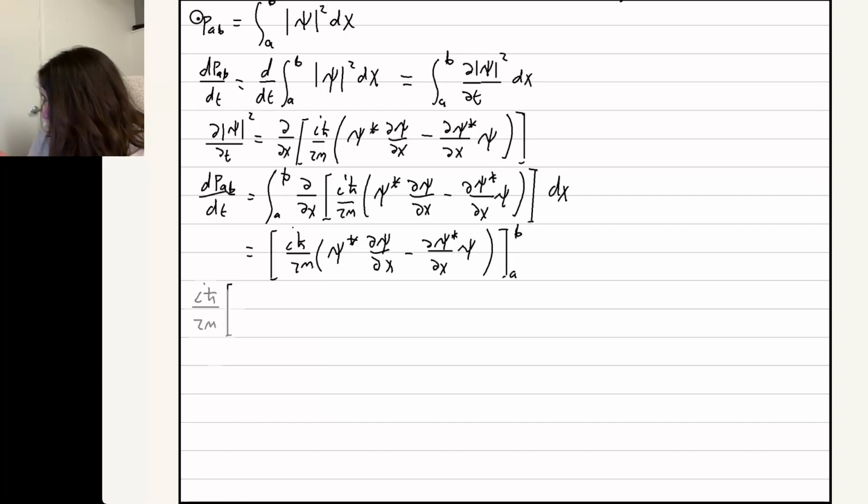So in great detail, let's just plug in our values for A and B, and let's go ahead and flip the sign on each of them. We're going to do A first because we're flipping the signs.